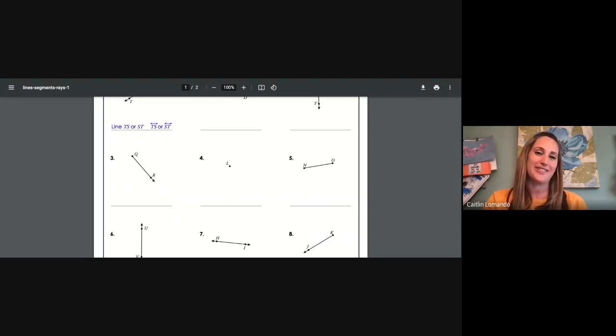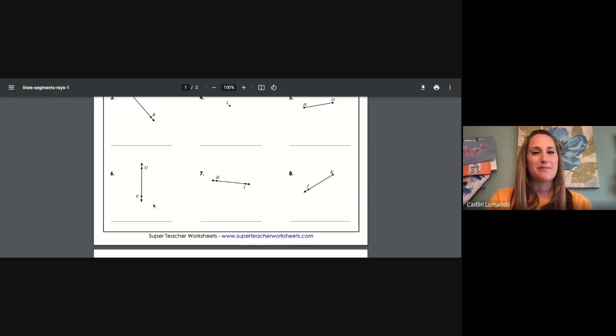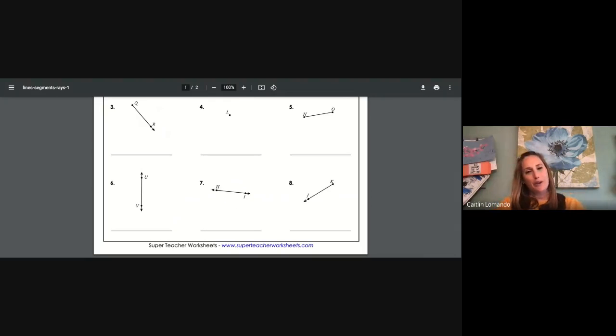There's points on either side. Let's look at number 6. Point, line segment, line, or ray. It has arrows on either side, meaning it goes on forever. This is a line. Let's look at number 7. Point, line segment, line, or ray.